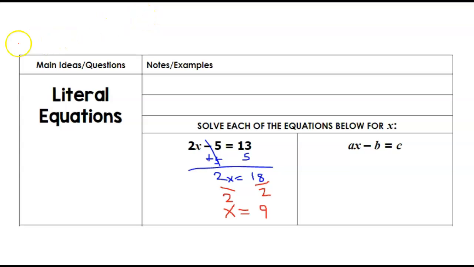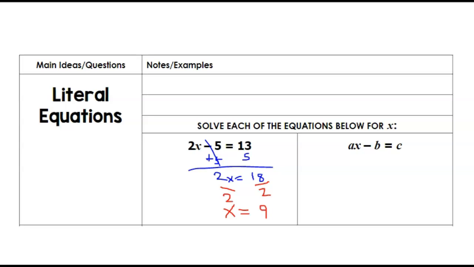On this side, we got numbers in there, so we're happy about that. But over here, we got letters in there. That's not cool. But I'm trying to tell you that literal equations are a lot easier, literally. I promise you, as long as you know your inverse operations.